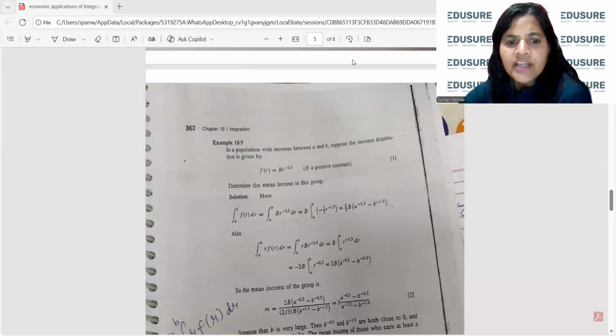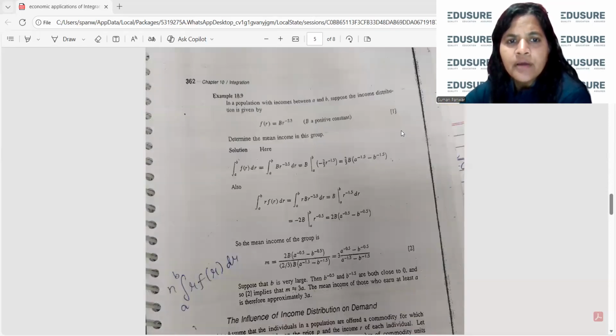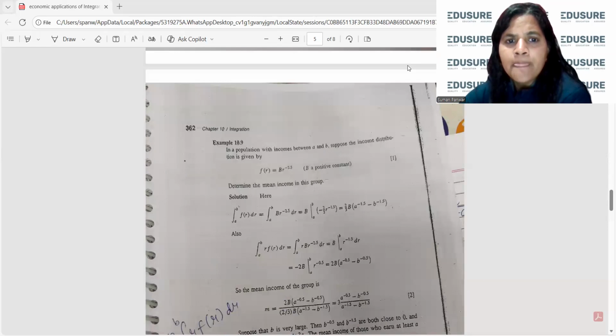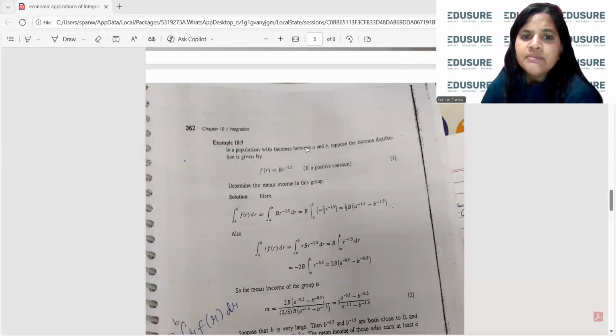So let us look at example number 10.9. In a population with incomes between A and B, suppose the income distribution is given by this formula for F R, Pareto one, which we did. Determine the mean income.